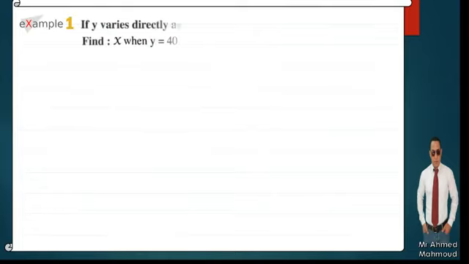Here we have example 1. y varies directly as x, so I will write it as y varies as x like this.